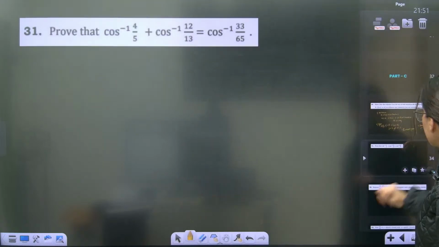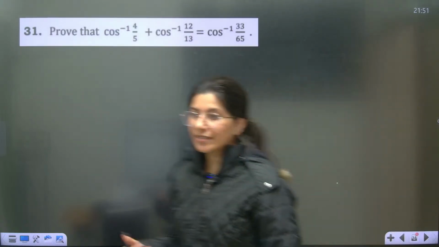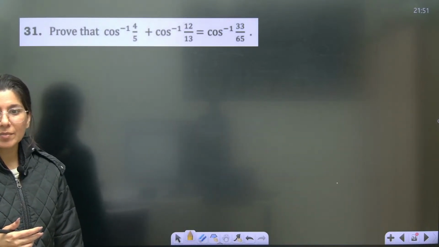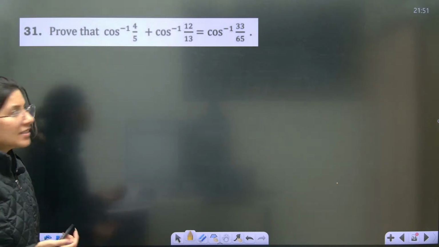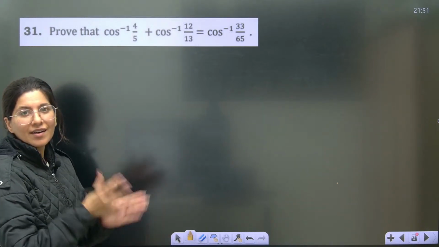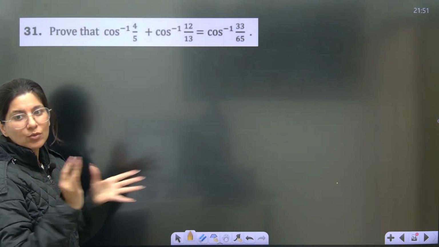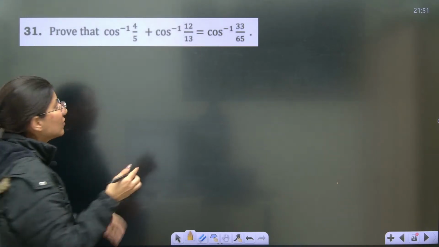Now this question: prove that cos inverse 4/5 plus cos inverse 12/13 plus cos inverse 33/65 is equal to this. My go-to approach for this type of question is to convert everything into tan inverse, because we only know the tan inverse formula.